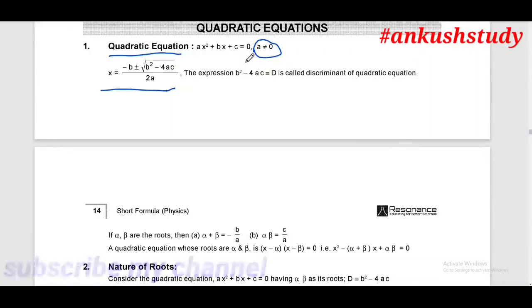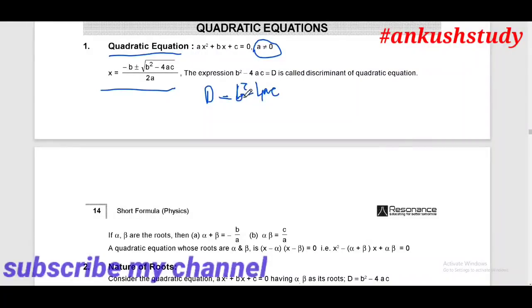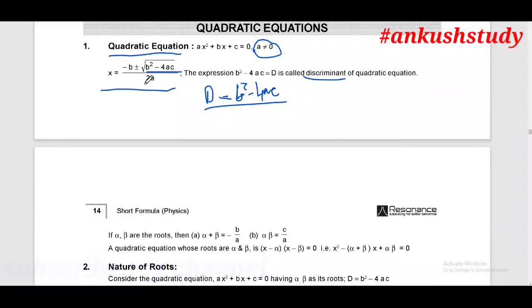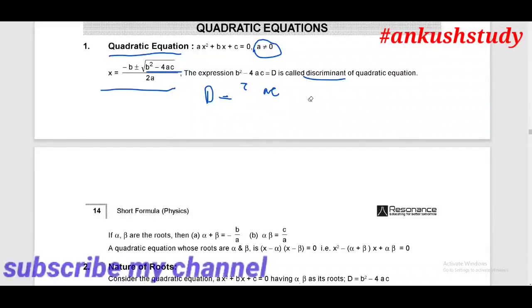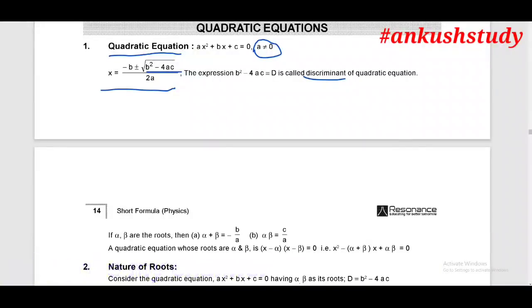This b square minus 4ac is the formula to find the discriminant D. D is equal to b square minus 4ac. Okay, so this is the formula of discriminant. So when you find D, you just replace it in this place and then find the other things. So this was just an explanation.